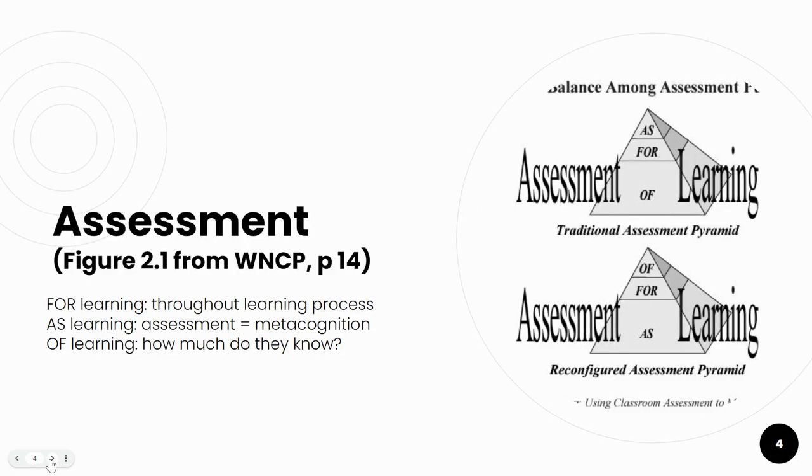Recent practices to consider are assessment of learning, assessment for learning, and assessment as learning, all of which serve different purposes. According to WNCP, assessment for learning happens through the learning process and is designed to make each student's understanding visible so students can decide what they can do to help students progress. Assessment as learning emphasizes assessment as a process of metacognition for students.